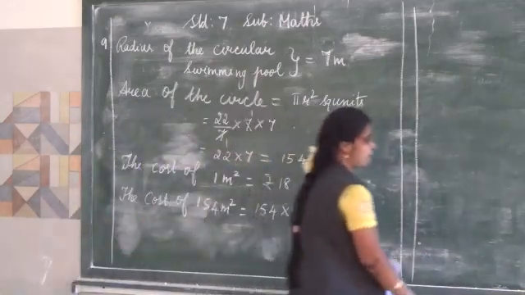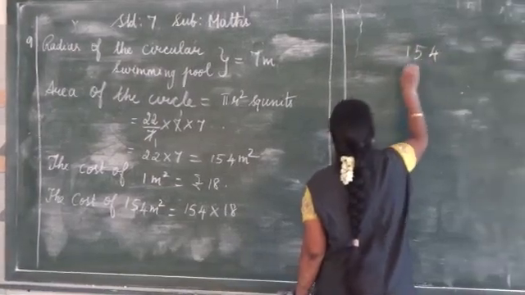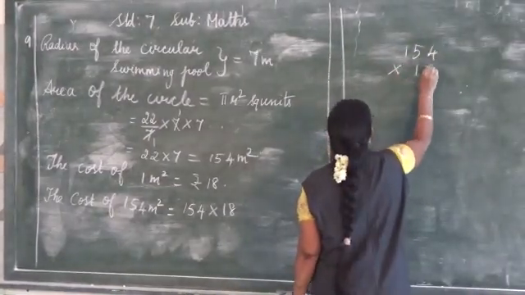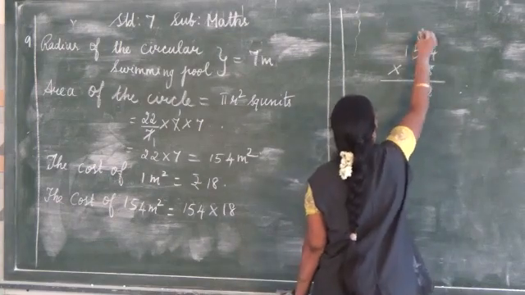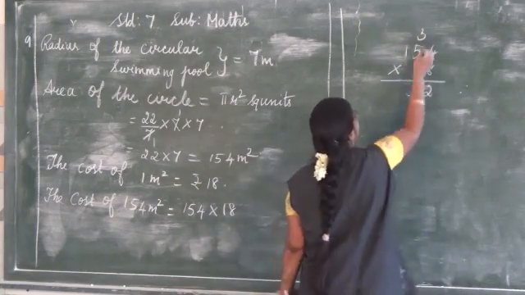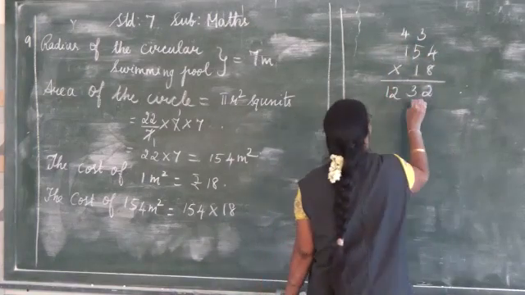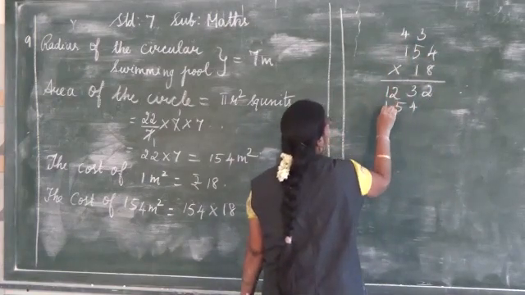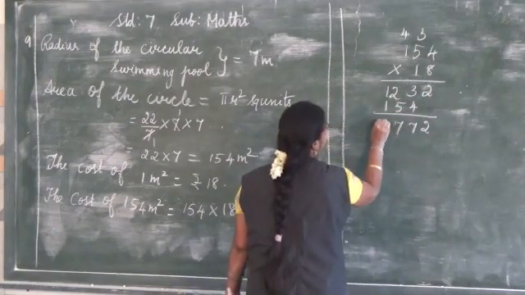So if you multiply 154 into 18: 8 4s are 32, 3 carry over, 8 5s are 40, 40 plus 3, 43. 8 plus 4, 12. So 4, 5, 1. Then 2 1s are 2, 2 5s are 10, 2 4s are 8, so 2, 7, 7, 2.